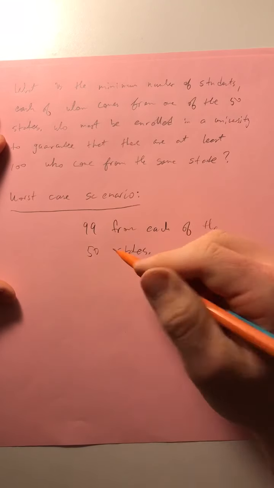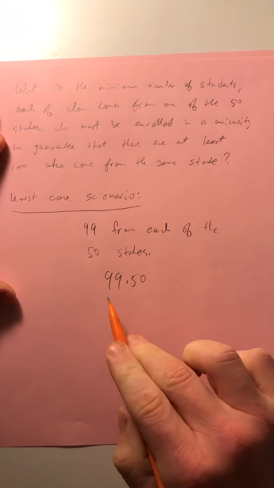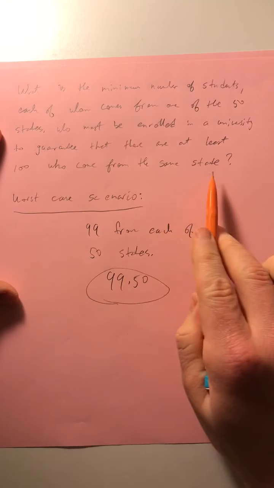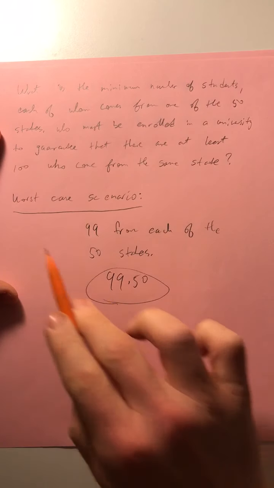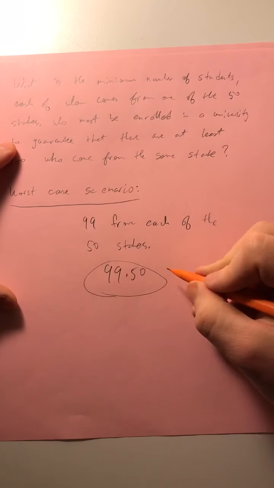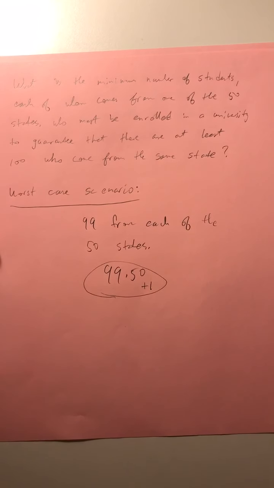But if I have one more than this, right? So if I have 99 times 50, it's possible for me to have this many students without having 100 from the same state, because I could just have 99 from each of the states, and then I don't have 100 from any state. But if I have one more student, now I have to have at least 100 from one of the states.